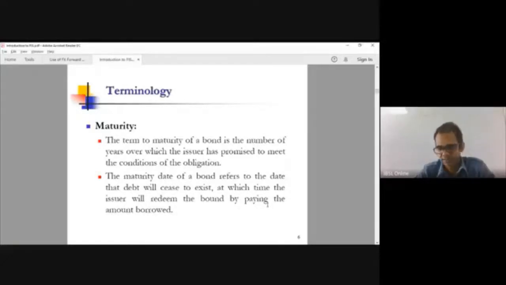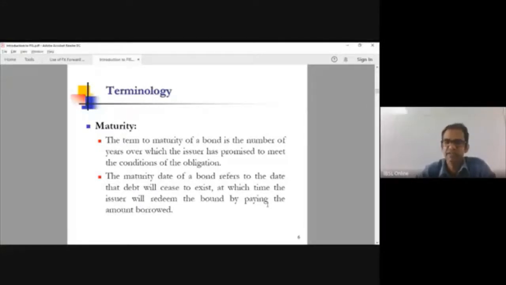So during that number of years, the borrower or the issuer has some promised payments and other conditions to be met. The issuer has to make sure that all the conditions are met during the period. Not only payments, there may be some other conditions as well. So therefore, the maturity date of the bond refers to the date that the debt will cease to exist.